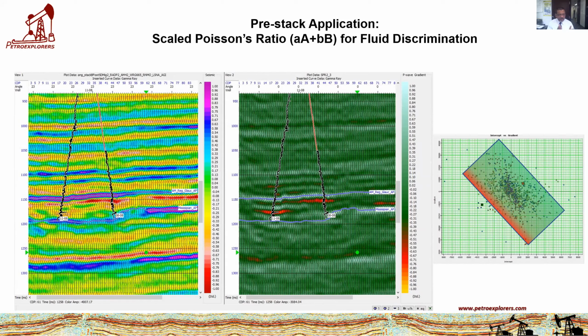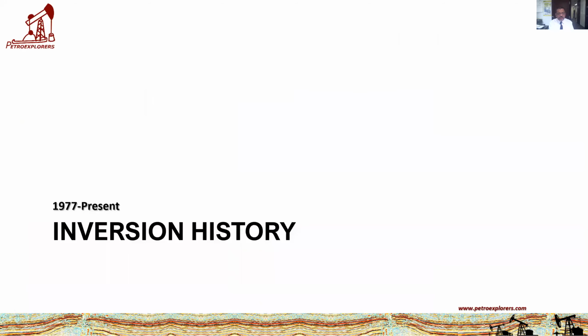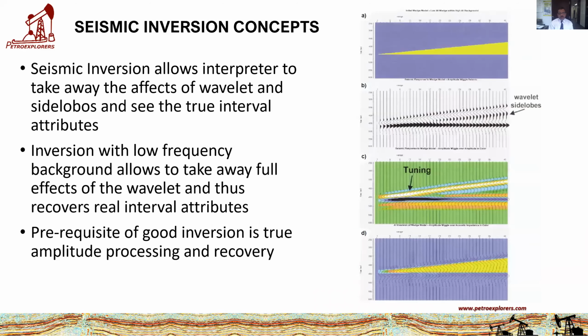Now, jumping from AVO to inversion, that is when you need to go from interface attributes to interval attributes. That is what inversion does. Going back to Roy Lindseth in 1977 and his paper in 1979, various tools came up. The idea was how to get rid of the wavelet.